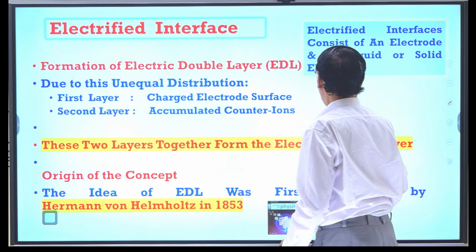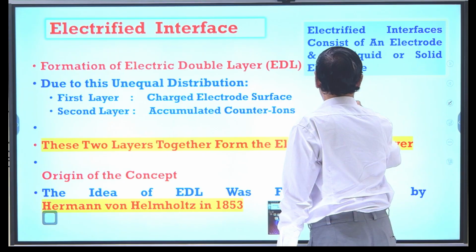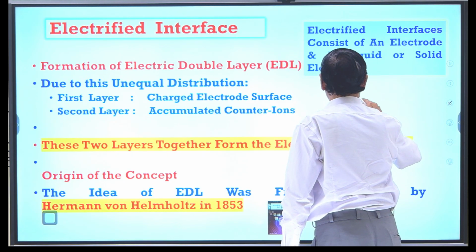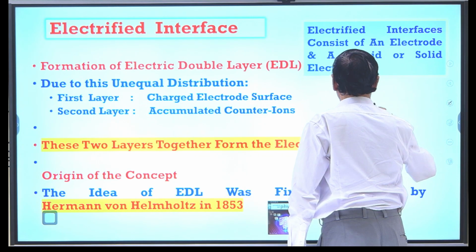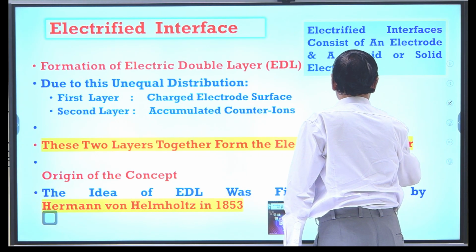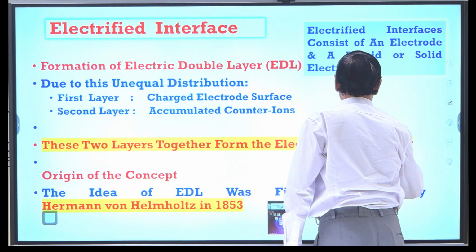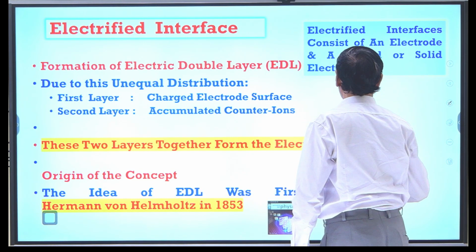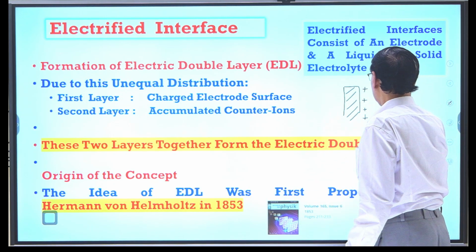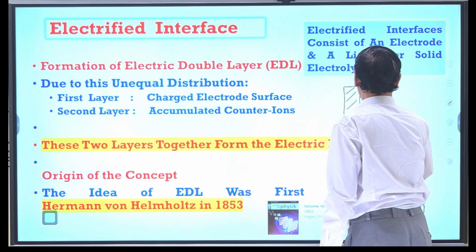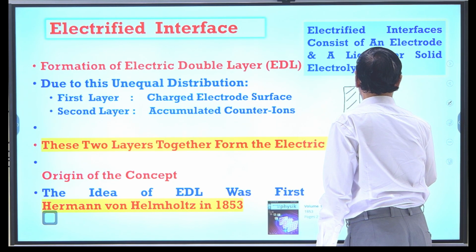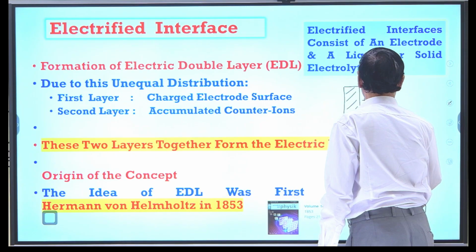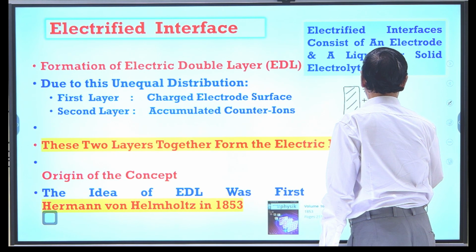Suppose there is an electrode, a metal electrode, I can call it any time. And electrolytes are also there. Suppose I am using sodium chloride, sodium, and chloride is also there, the negative ion.